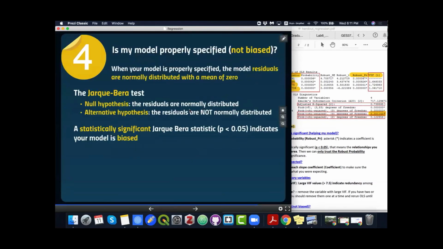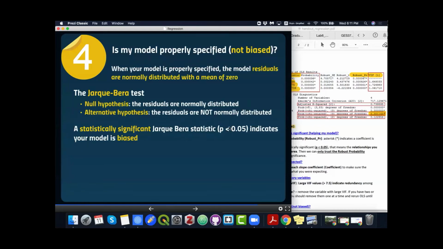Coming back to the JB statistic, the fourth check, we want to make sure that our model is not biased. So we will be looking for an insignificant JB test. That makes sense?